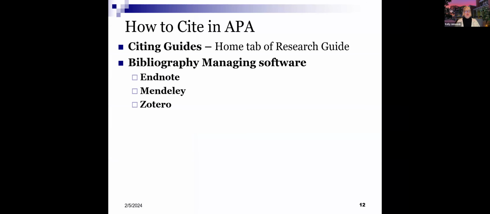So I want to mention that we have citation guides. Remember, I showed you the home tab of the research guide. There's a couple of how-to-use-APA resources that are good enough if you don't have the book. I recommend on Amazon buying the APA manual, 7th edition. It's fairly inexpensive used.